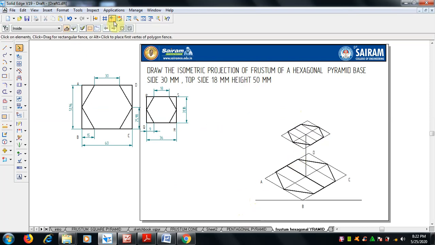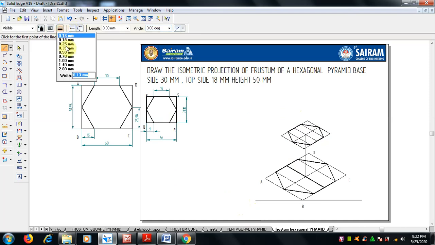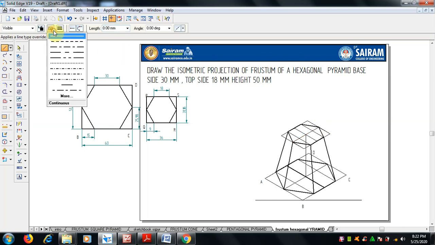We can join with the help of the line command, 0.5 mm thickness, end of this with this end, and from here to here, from here to here, from this end to here, and the base back side.